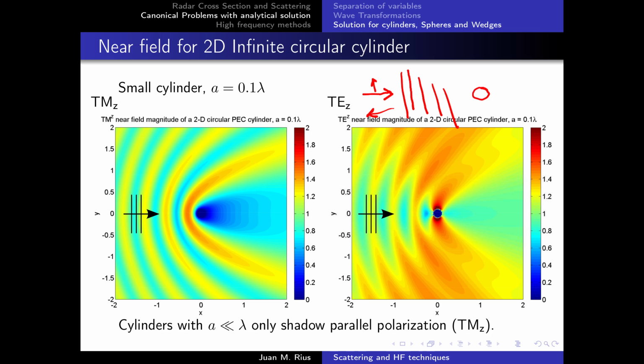So remember that with an incident field parallel to the wires, the wire grid behaves as a planar, solid plate, and it reflects the field and produces a shadow region behind.